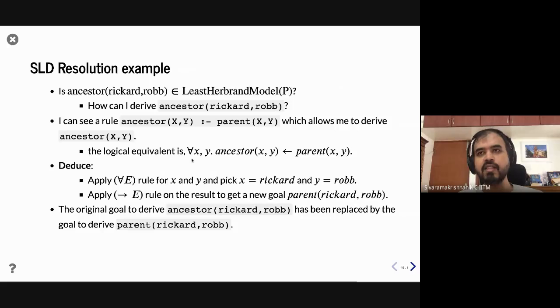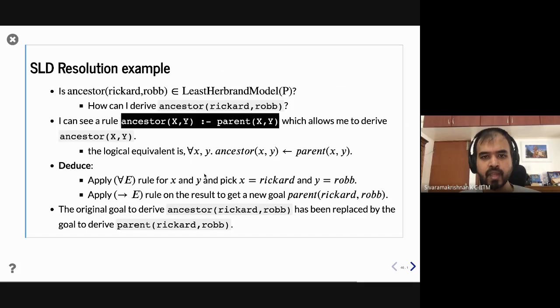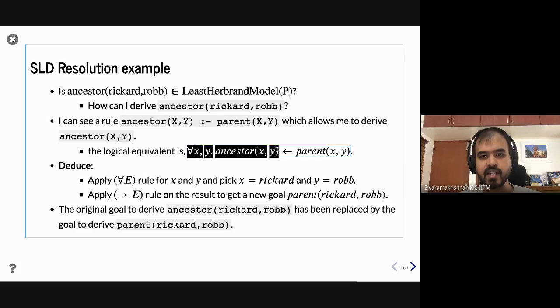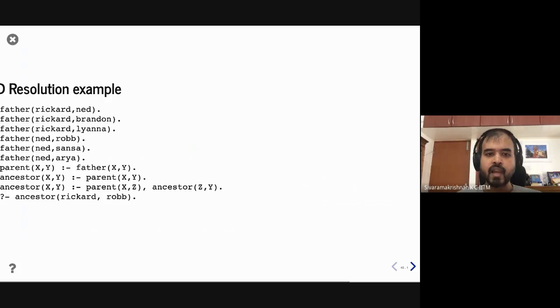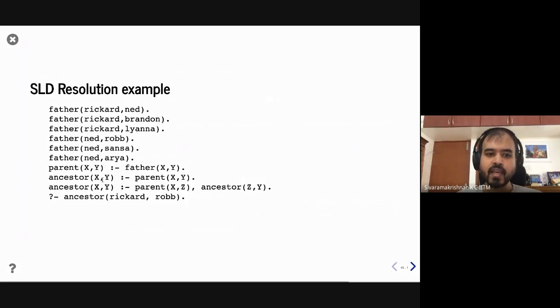And the logical view of that particular rule is for all xy, ancestor xy is implied by parent xy. We saw a few logical inference rules earlier in the lecture. You can apply those inference rules to convince yourself why this is a valid thing to do, going from this goal to this goal.